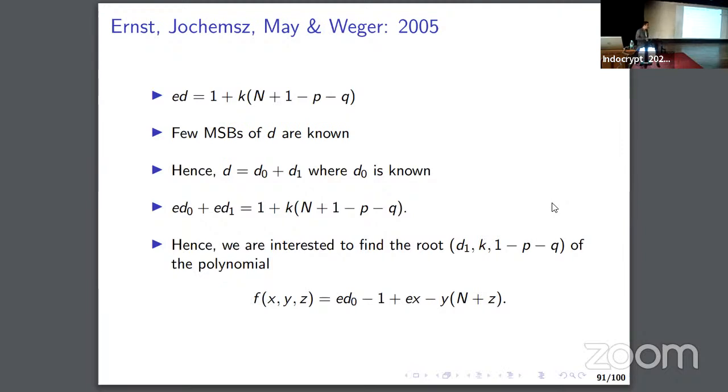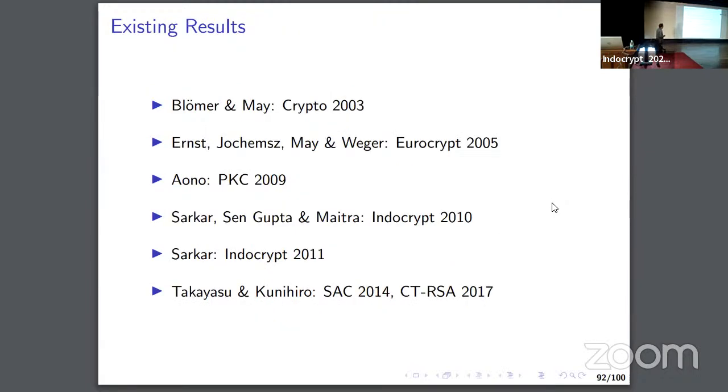And this polynomial was studied by Ernst, Jochemsz, May, and de Weger in Indocrypt 2005. And there are many attacks in this line. So I already told you this paper. Also, Blomer and May, Crypto 2003, Ernst, PKC 2009.